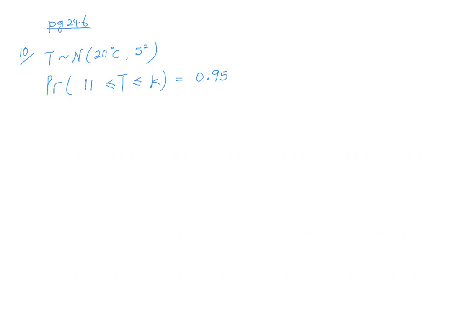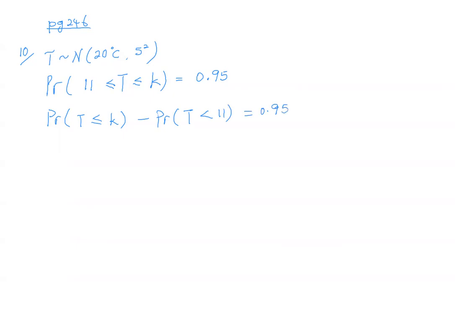Okay, so 0.95. So what we need to do is, still remember, just now I said in between, we can break this into two parts. I will prefer to do it to the left because of my calculator. Okay, so probability of T less than K take away probability of T less than 11 equal to 0.95.